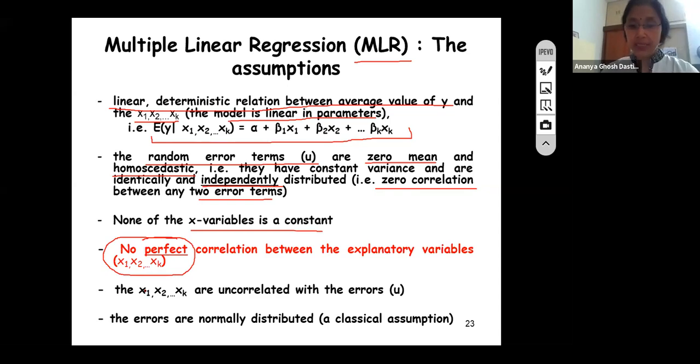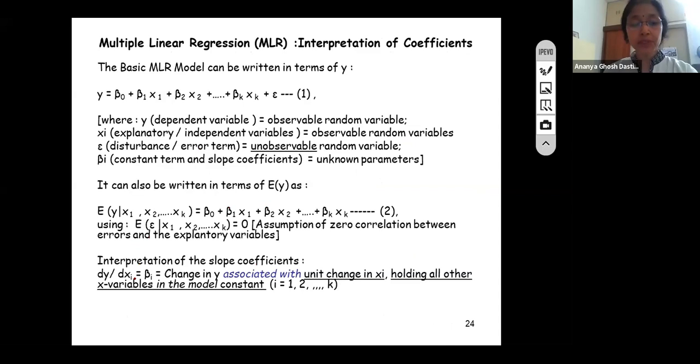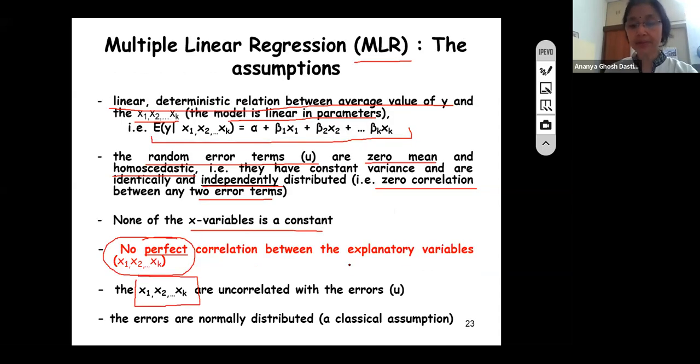Okay, so now comes the correlation between your explanatory variables and the errors. So first is the correlation among the explanatory variables themselves.